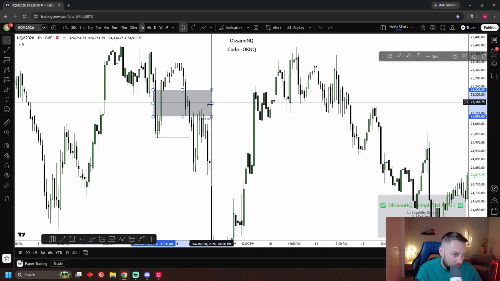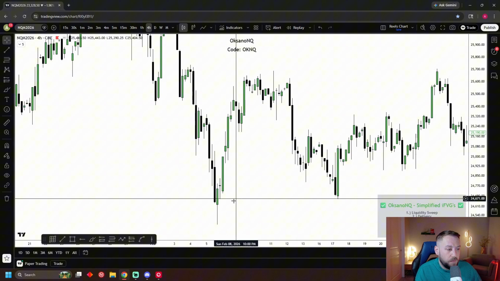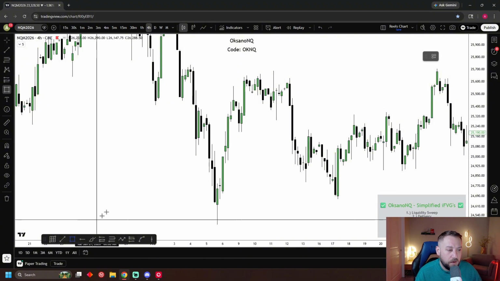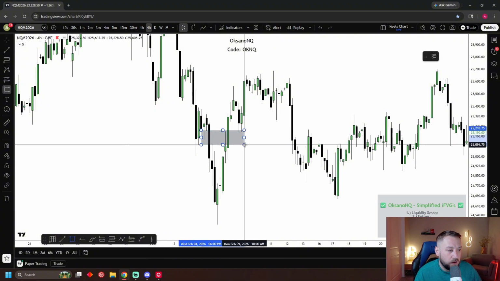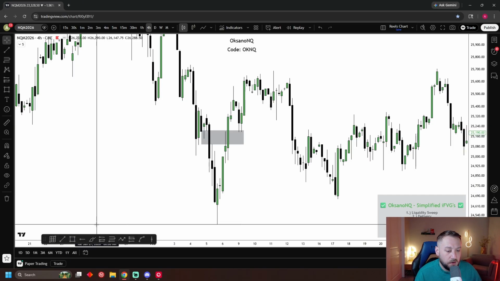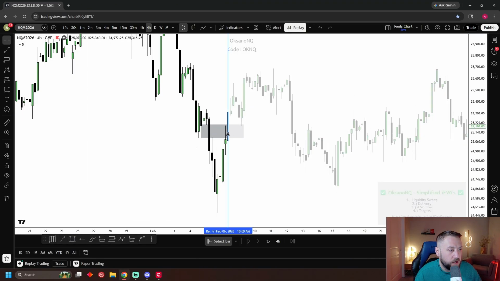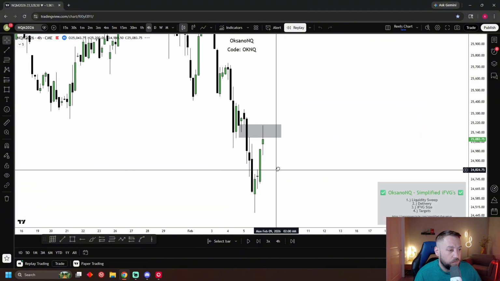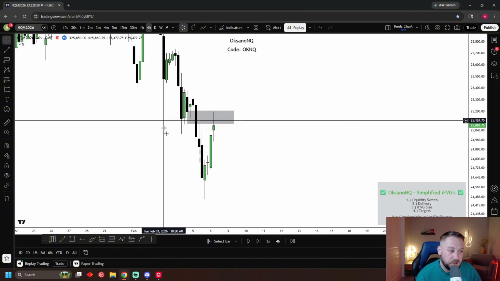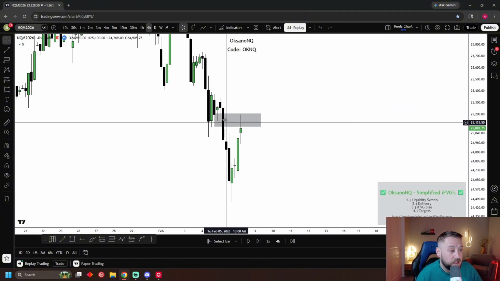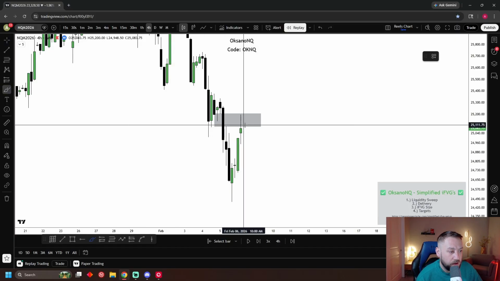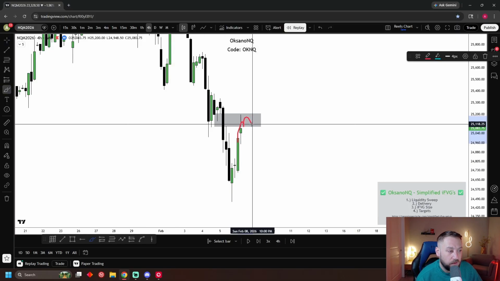Now let's go to the 4 hour. Same thing. Right here, we have this big giant bearish 4 hour gap. Let's say before we get the inverse, when I see this big 4 hour gap, if this was live time, I'm going to say, okay, I need to see how we react out of here.